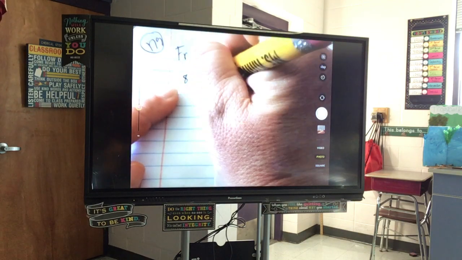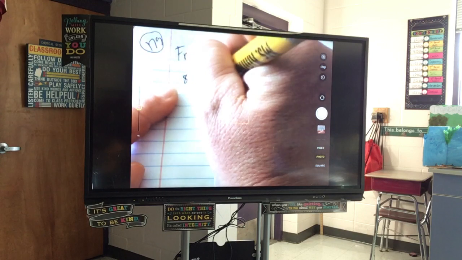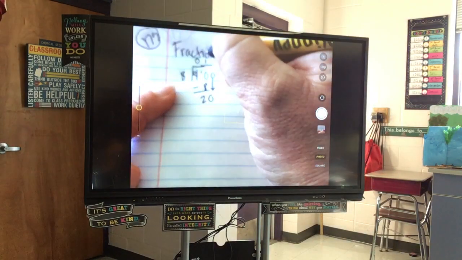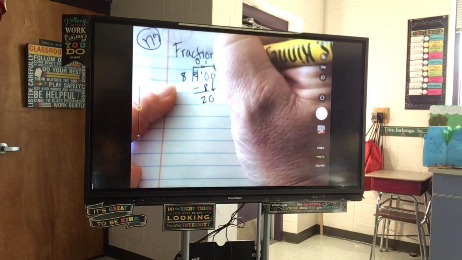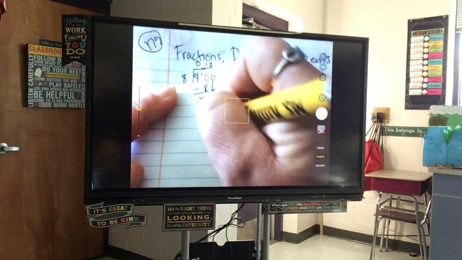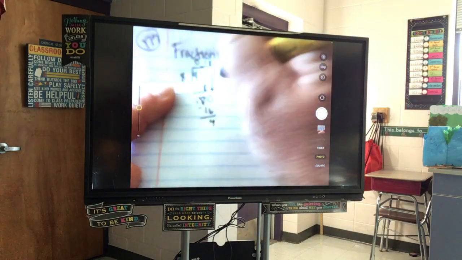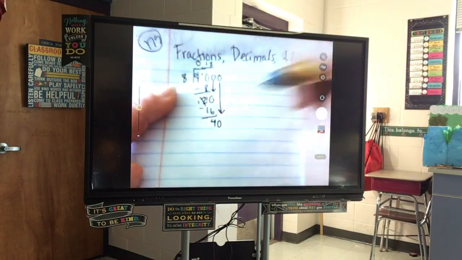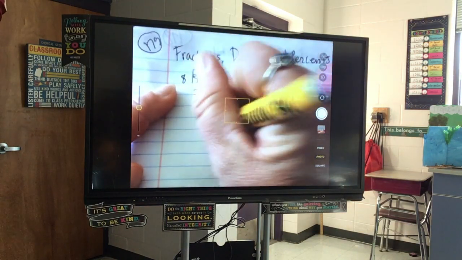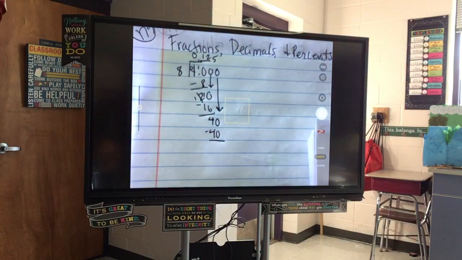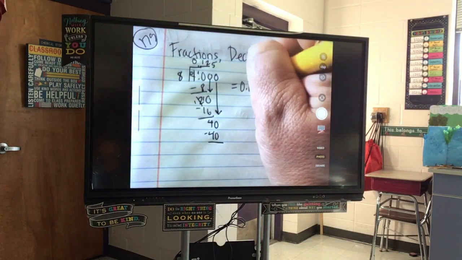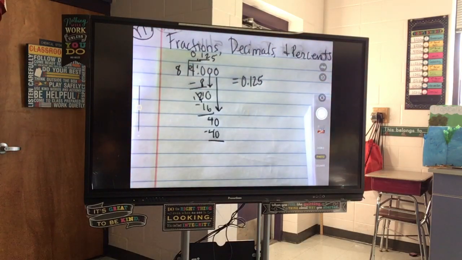What can I multiply 8 by to get 20? Indira? 2? And what can I multiply 8 by to get 40? Alex? 5. Alright, so 1/8 as a decimal is 0.125.